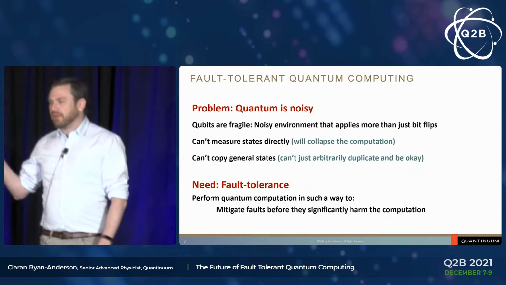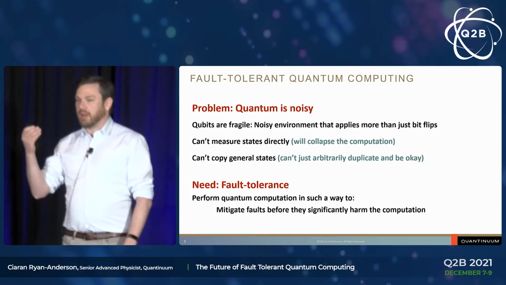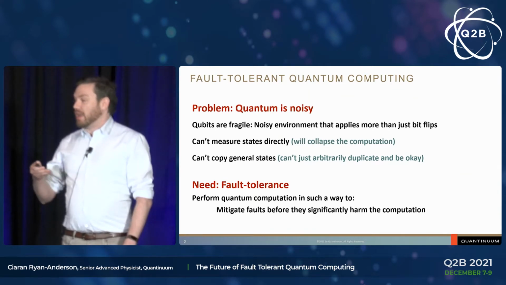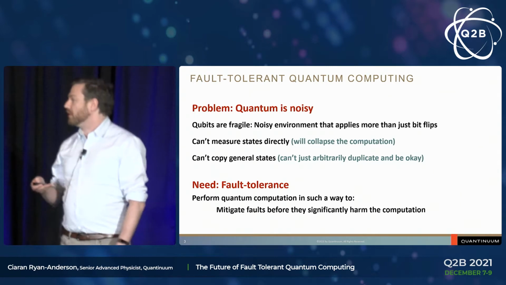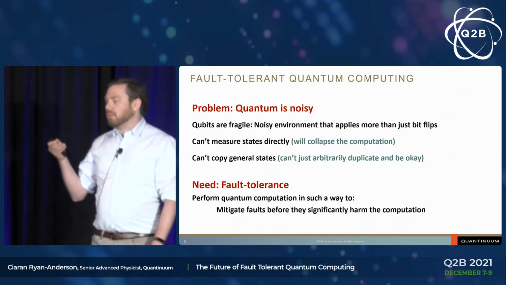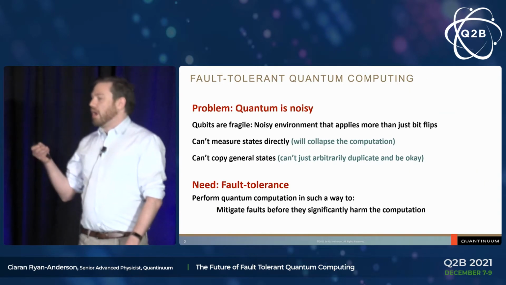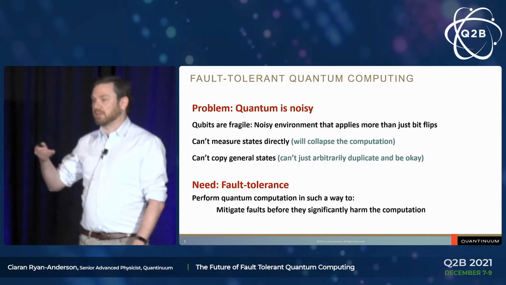And as we've heard from John Preskill's talk yesterday and William Oliver's talk, as well as the talk before me and echoed throughout this conference, fault tolerance is probably something that will be necessary for doing quite complicated algorithms in the future for large-scale devices.